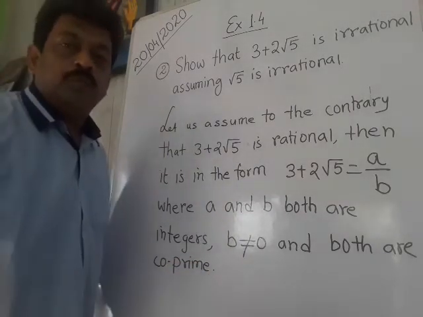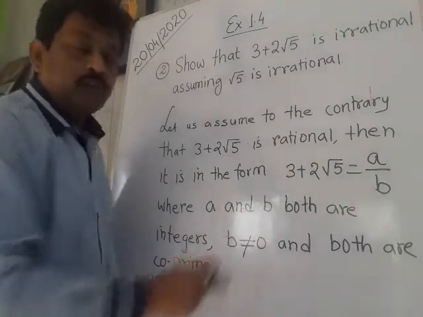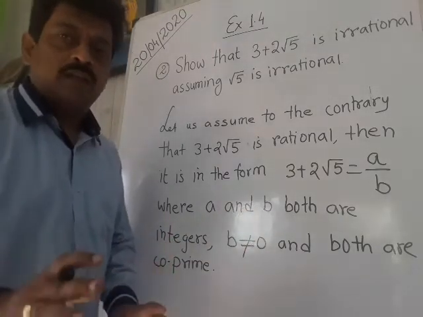You know, co-prime means a and b do not have any common factor other than 1.